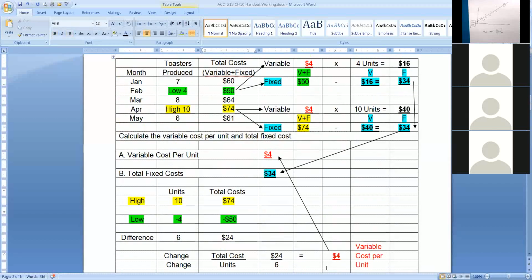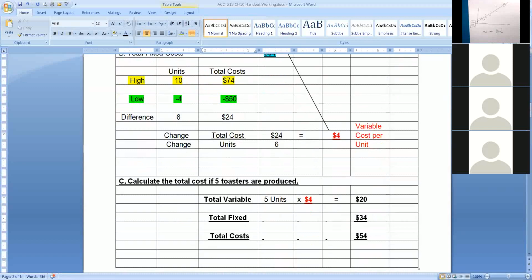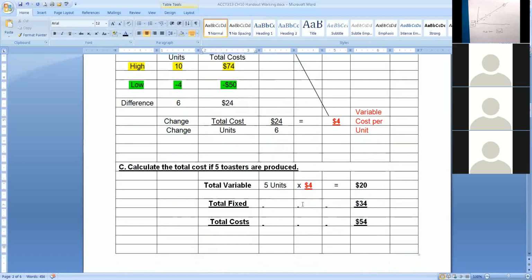You'll notice that we don't have any up here that show 5 toasters produced, but you can come up with an estimate of what you think it might be based on the variable and the fixed cost. So you say, if we're going to make 5 of them, it's going to cost $54. That'd be an estimate. Question on that?